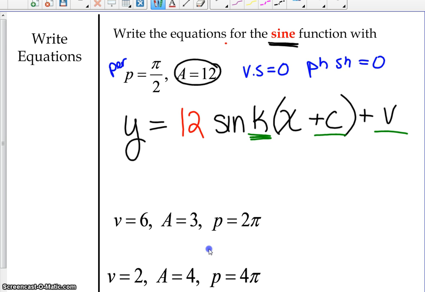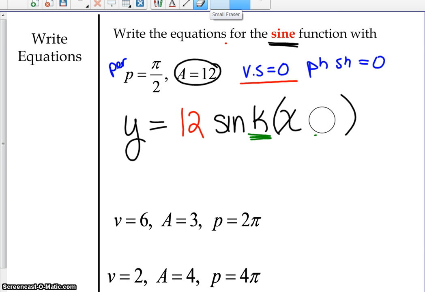Next, we had a vertical shift of 0, so we could put in here plus 0 if we wanted to. A lot of times what we do is we just ignore it. Same thing is true for this plus c. Instead of plus c, I could put in here plus 0, but a lot of times we just ignore it, and we'll have here just our x.